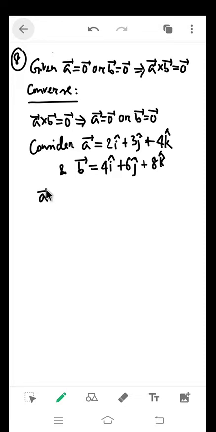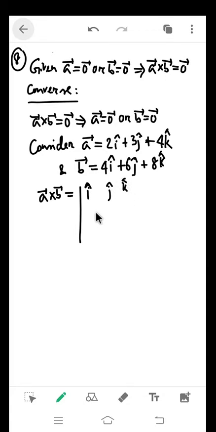So now if you take the cross product, you know that the value must be 0. So let us show this by proving it. Sorry, again. So this is i, then j, then k. So this is the first row.